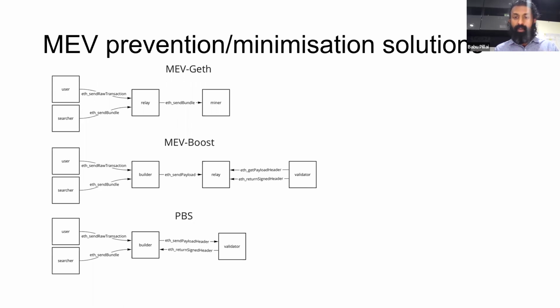And when they implemented that, all of a sudden the transaction fees came down, all this congestion came down. It was kind of working. Then after that, they proposed MEV-Boost, where they introduce another actor called the builder in between. So users send a transaction to the builder, and the builder will put the block together and give the block to a relayer, and the relayer will auction that to the validators.